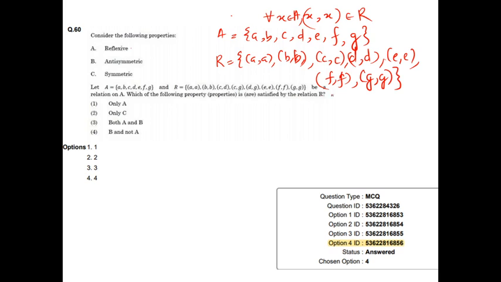So is that the case? AA is there, BB there, no CC, no DD, EE there, FF there, GG.